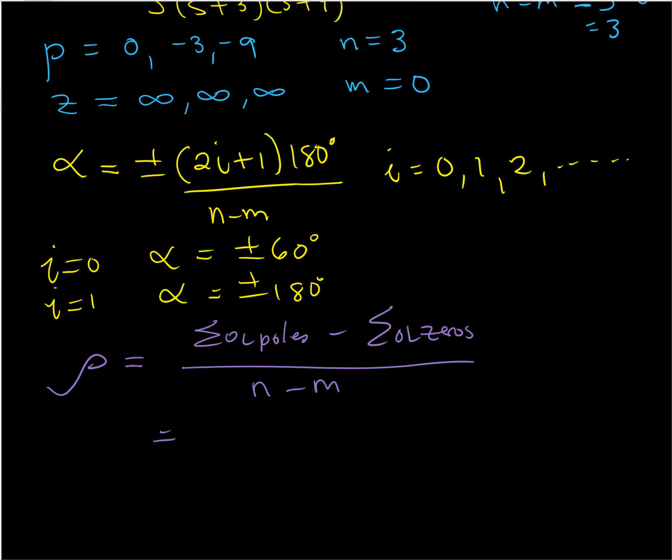If I add up all these poles, I've got 0 minus 3 minus 9, which gives me minus 12. I don't have any open loop zeros explicitly, so I subtract 0, and then n minus m is 3. This works out to minus 4.